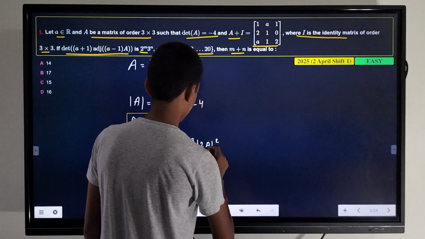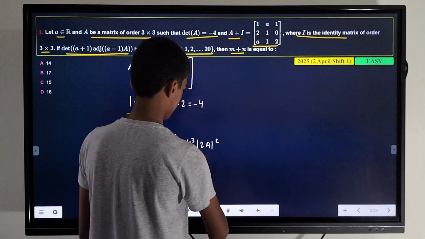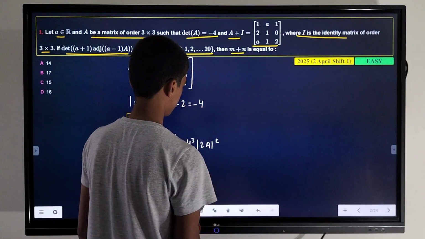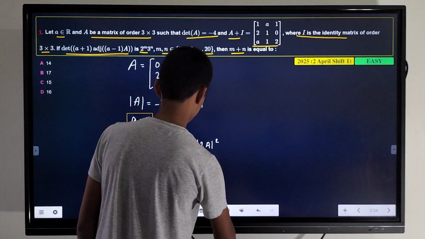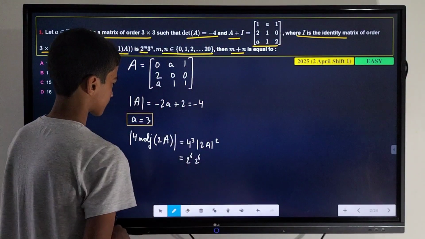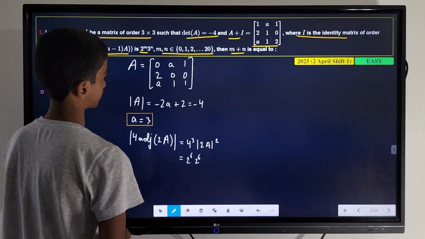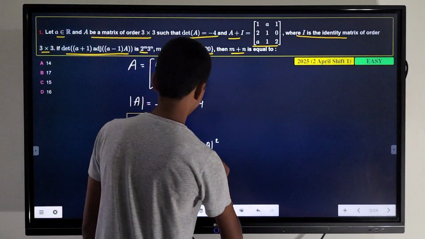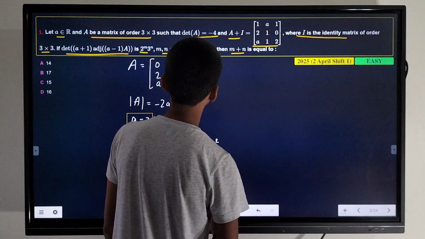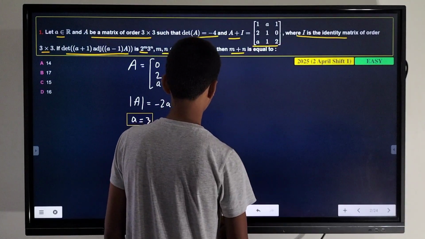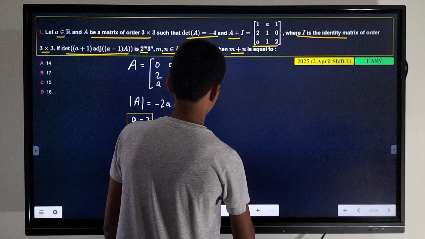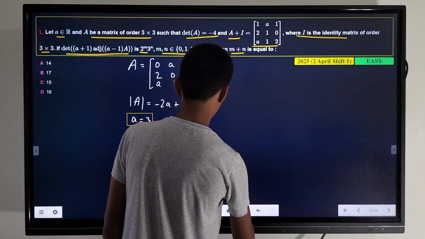And we can write here 2 will get outside the determinant, 2 cube, and 2 cube square will be 2 raised to power 6 into determinant of A whole square, which is 4 square. So 2 raised to power 4.